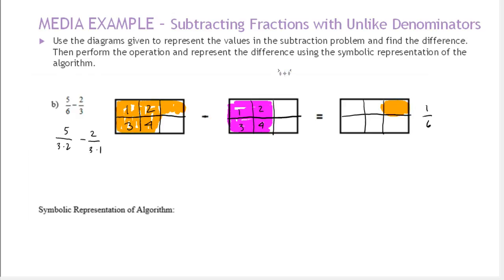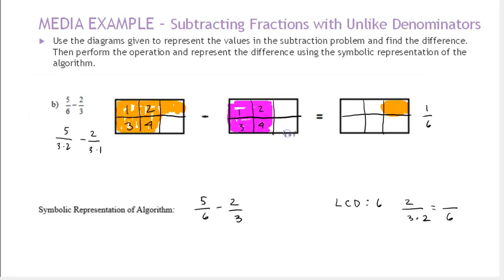So symbolically, we're going to find 5/6 minus 2/3. We find that the least common denominator is 6. In this case, 5/6 is already written with a denominator of 6, so we only need to change 2/3 to a number over 6. Well, 3 times what gives us 6?